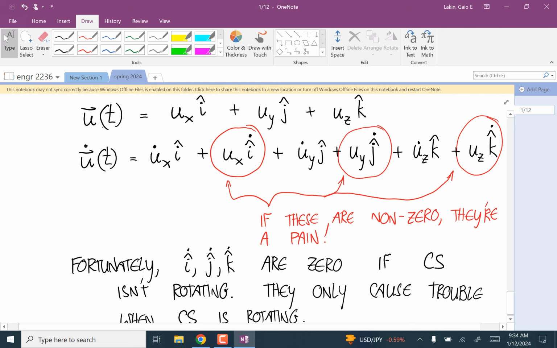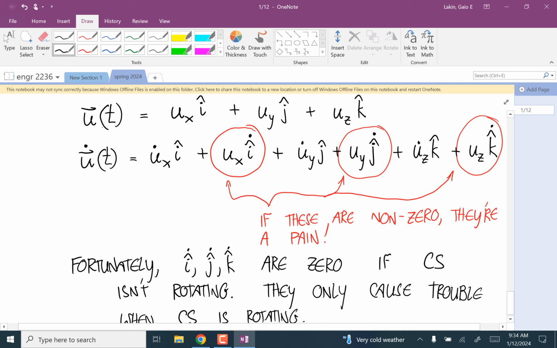Okay, so if the coordinate system is not rotating, we get back exactly what I said we got back for derivatives of vectors in non-rotating coordinate systems. The x component of the derivative is just the derivative of that number representing the x component. The y component is just uy dot.